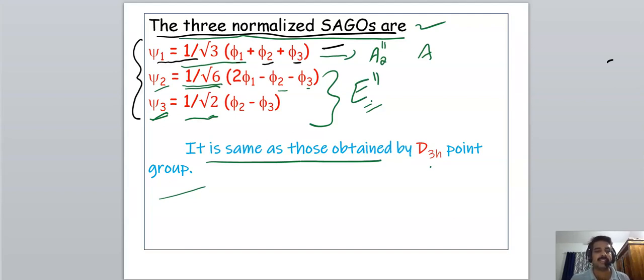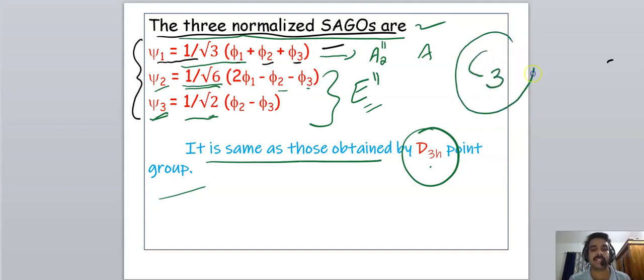This we have derived by 2 methods: by using the D3h point group of the cyclopropenyl cation, and by a shorter, easier method using a rotational subgroup of D3h, that is C3. These 3 are actually symmetry adapted group orbitals.